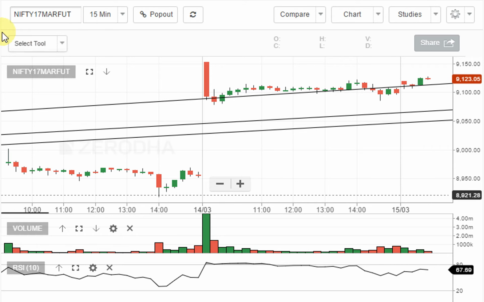So these are the levels which we are telling you to watch. Union Bank, 151.5. See, 150.5 was resistance, broke very clearly and went up to 151.5. So what exactly is happening here?